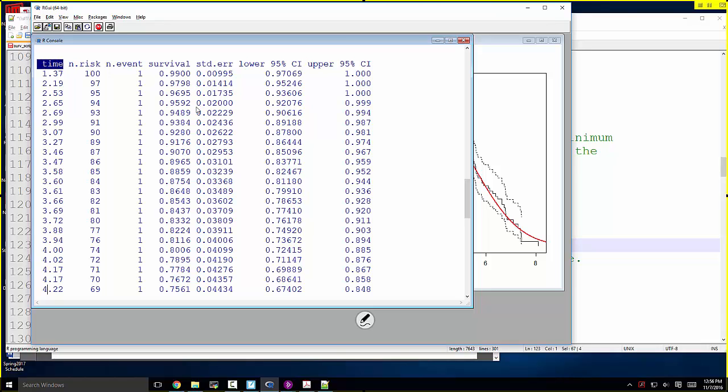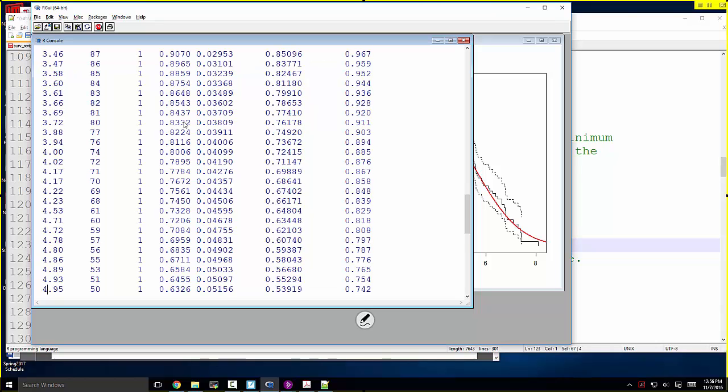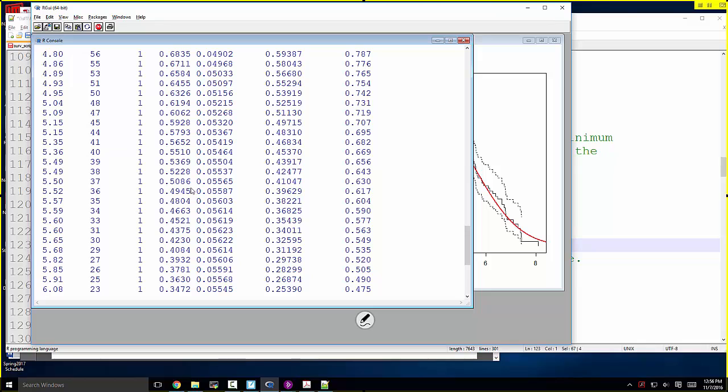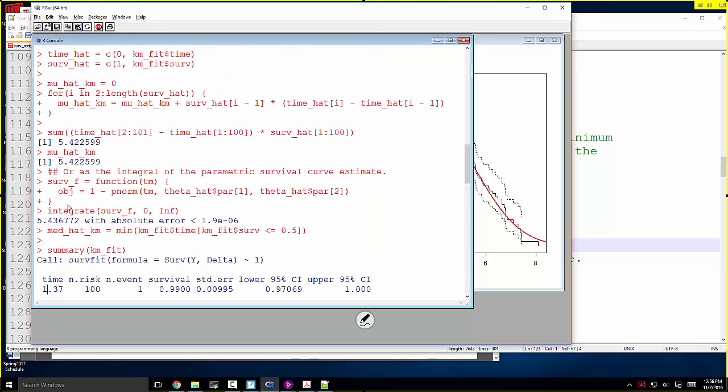So I could come through this output and just scroll down until I see the smallest time such that the survival probability is less than or equal to 0.5. In this case, the median survival time would be 5.52. How does that compare to the mean? The mean was 5.42, so they're pretty close.